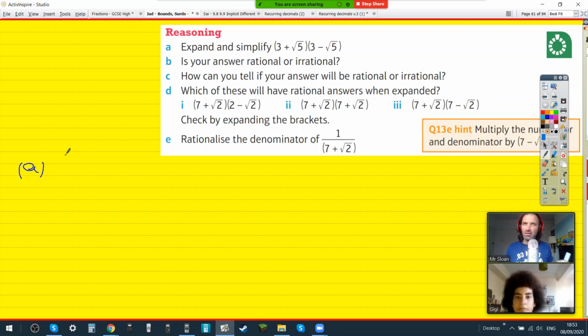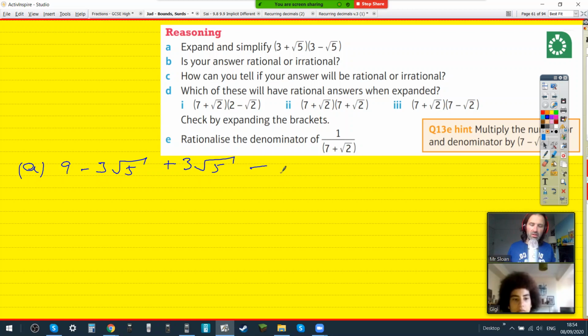And then 3 times minus 5. Oh, minus root 5 squared.